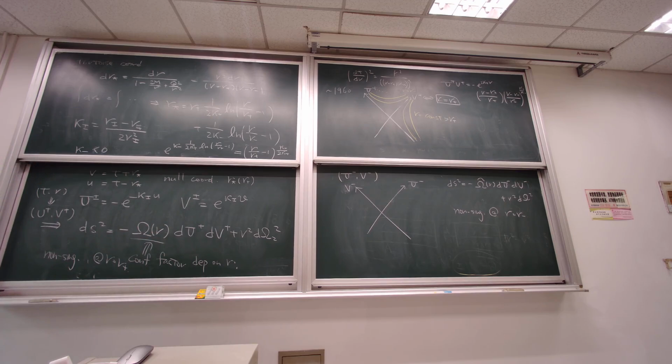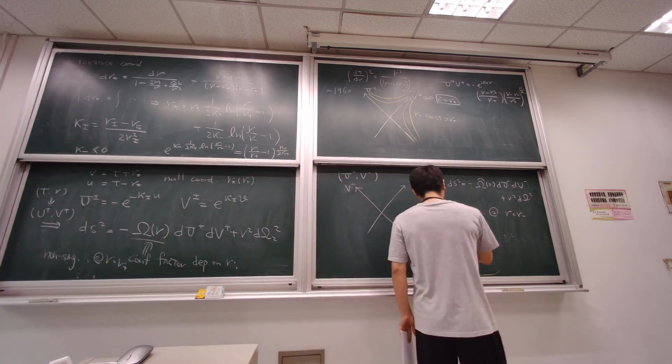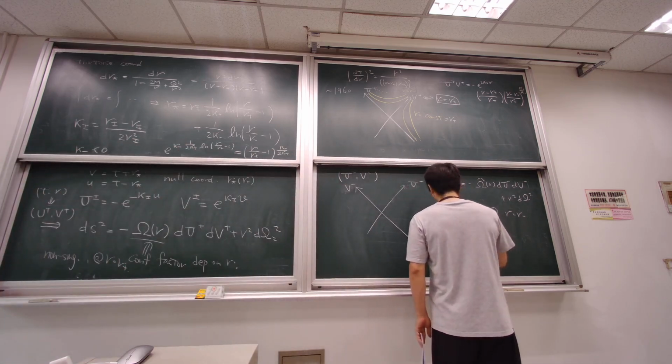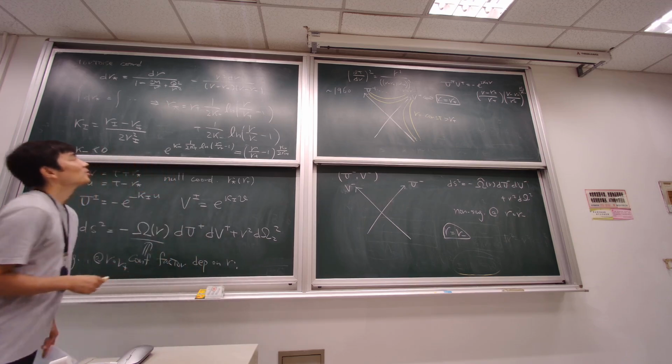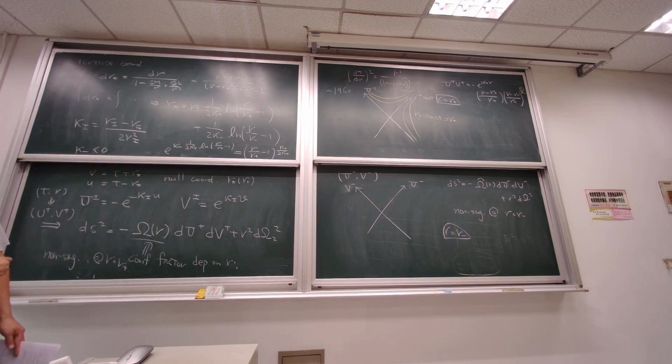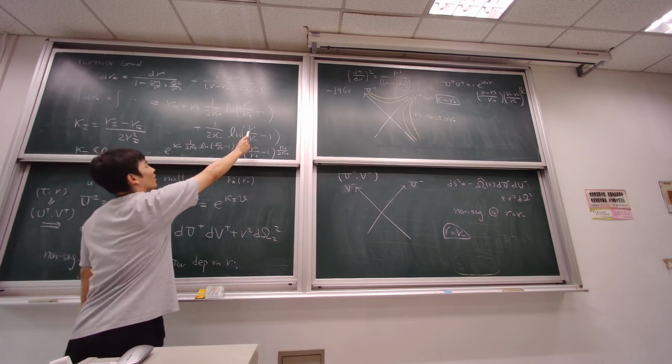I don't know which one becomes 0, to be honest, at the horizon. R equal to r minus. It looks to me B minus becomes 0, because R plus, R minus, right?